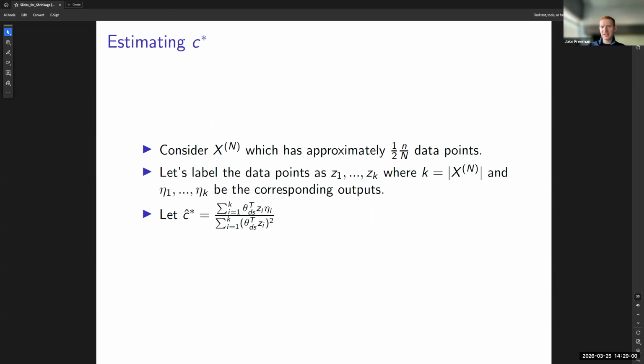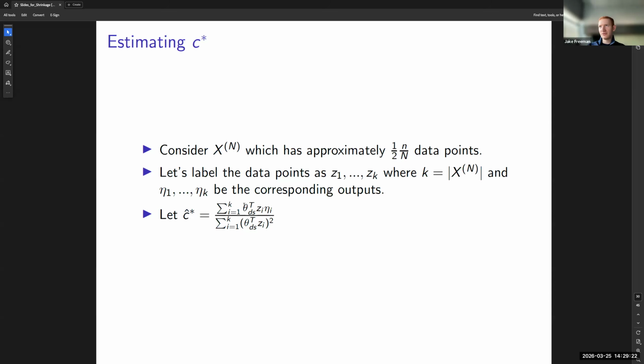And so now let's think about estimating our C star. We have this leftover portion of the data, which has roughly half the data that the rest of the samples have. So we're going to relabel that, and we're going to construct this estimator like this.